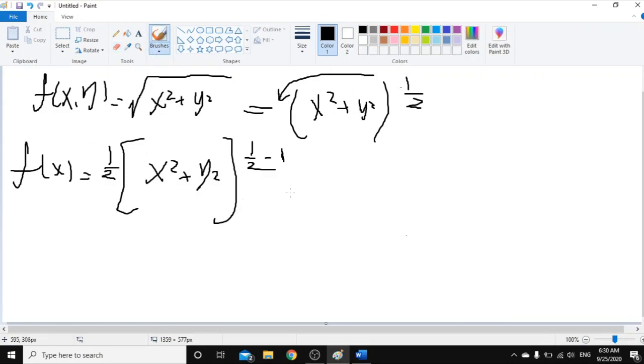And then times, this is a chain rule, the derivative of x squared is 2x for the partial derivative, and for y it is 0.